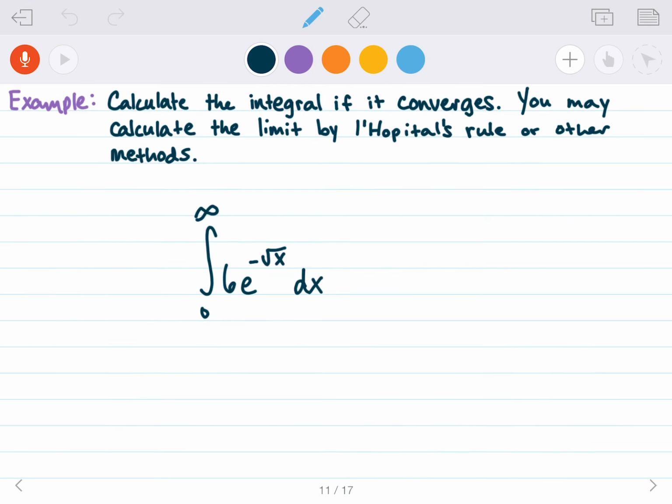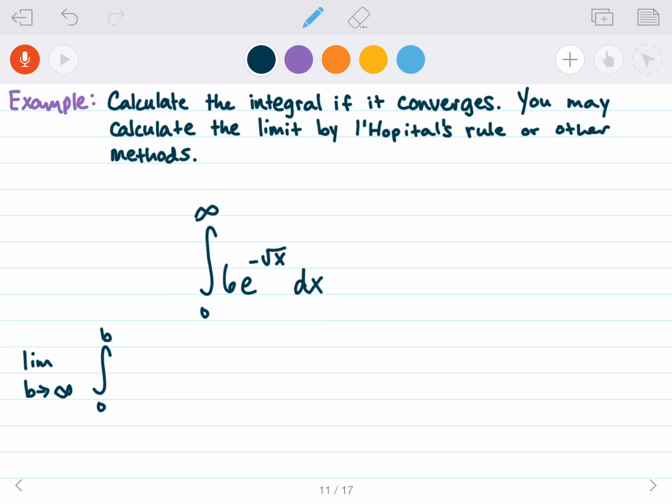Okay, so we want to integrate 6e to the negative square root of x from 0 to infinity. So let's set up our limit definition. Our upper bound is infinity, so we're taking the limit as b approaches infinity of the integral from 0 to b.